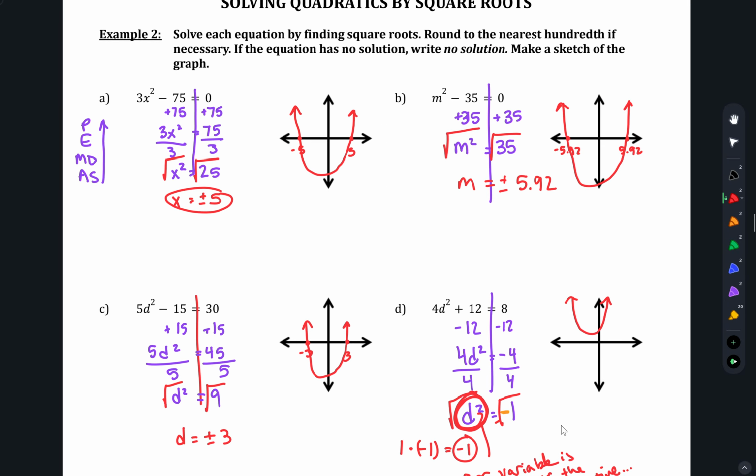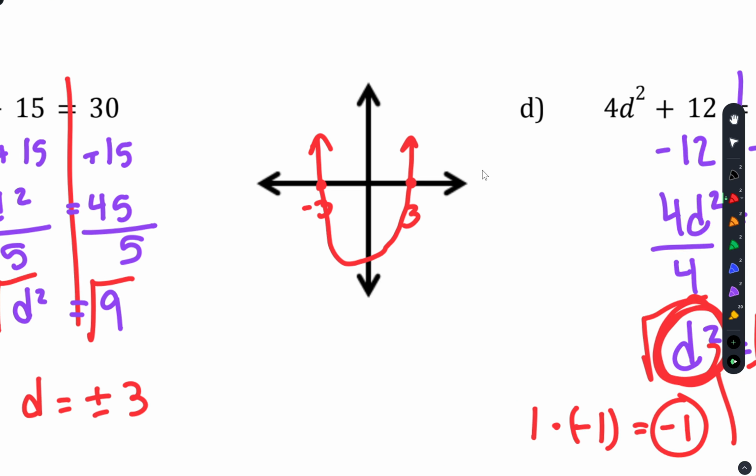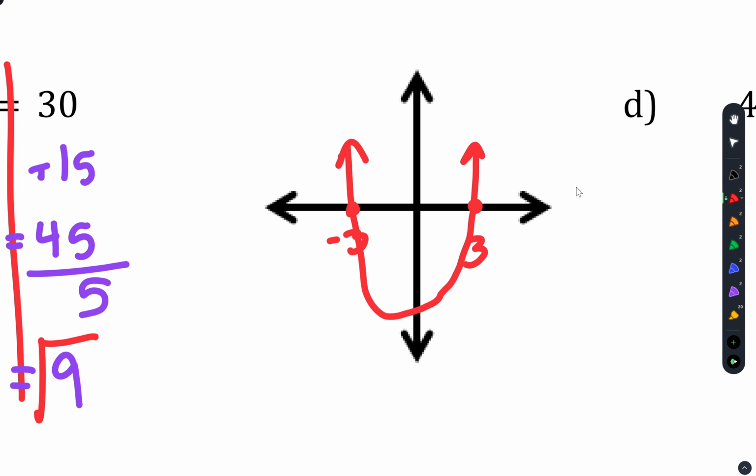You remember when we were solving these with square roots? When I said solve or find a solution, the things that we were actually finding, and I'm just looking at this example in your notes, were these x-intercepts, right? Those are solutions.